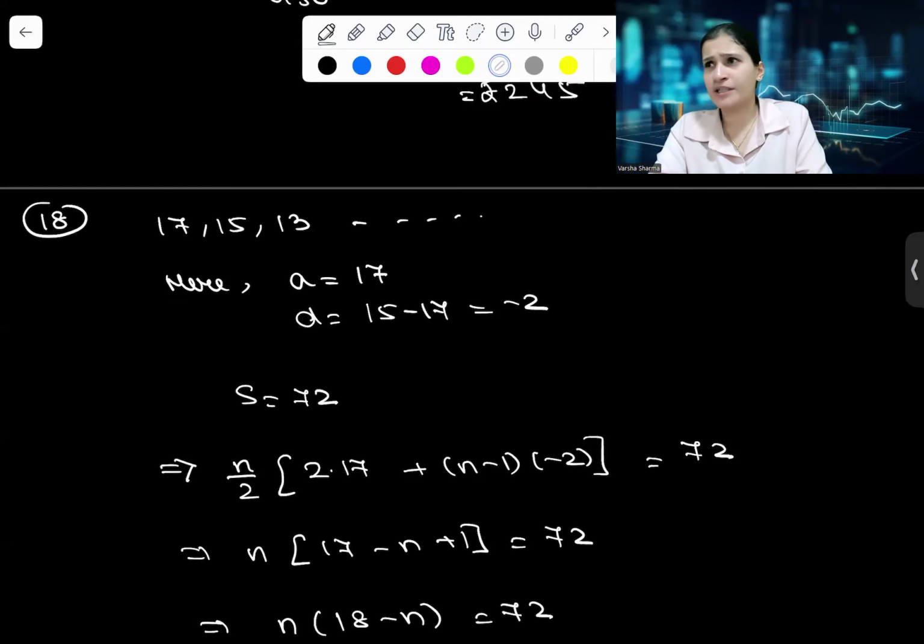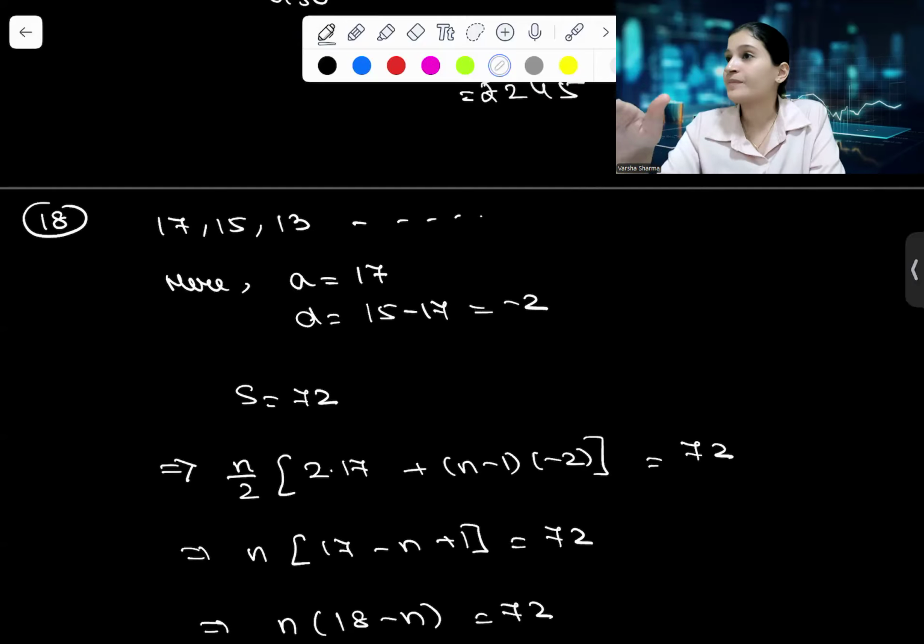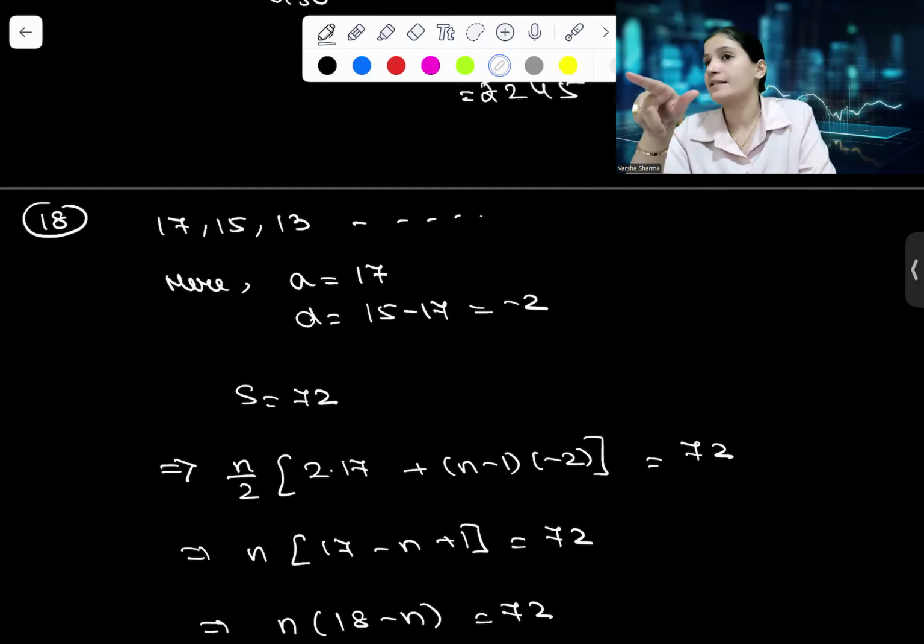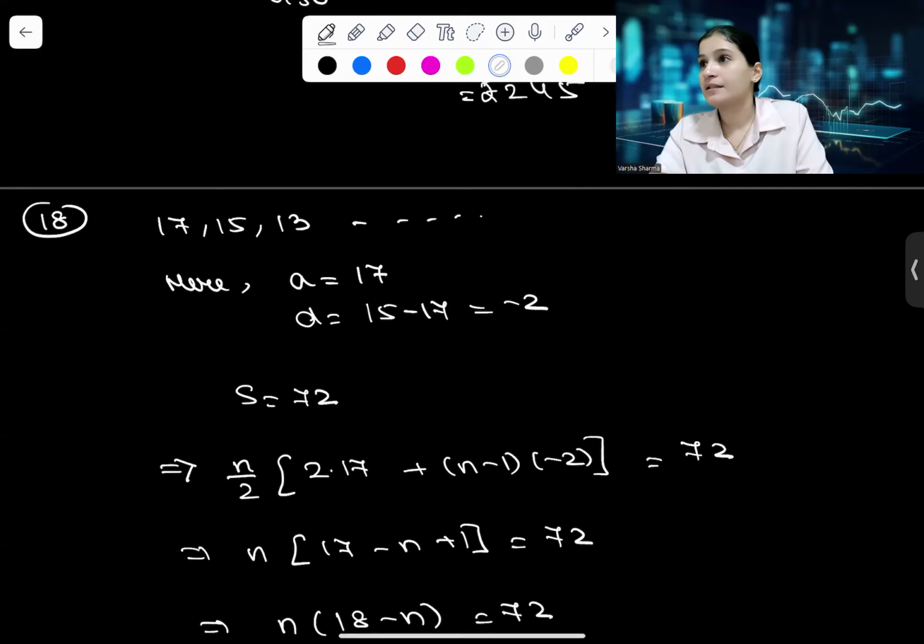I have a certain level of positive terms, and so it will increase my sum to more than 72. And then the later terms are all negative. So automatically the sum that got increased will again get subtracted and make it again 72 at some point of time. That's why we are having two different answers here. Only because the sequence was decreasing. Otherwise, we'll never have two answers.